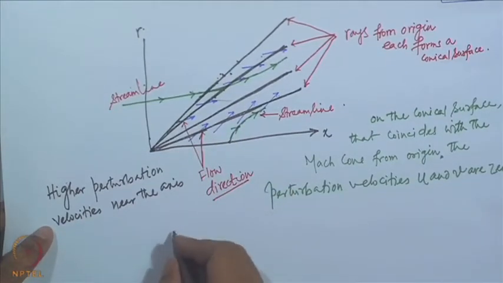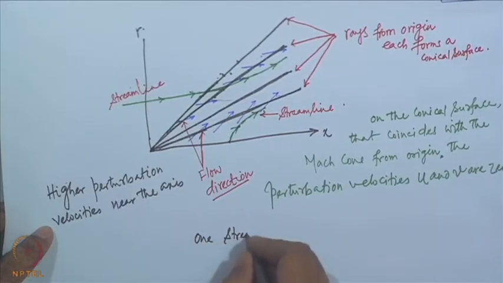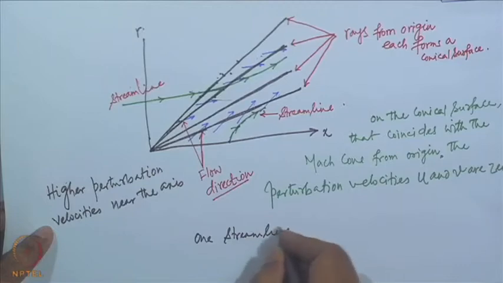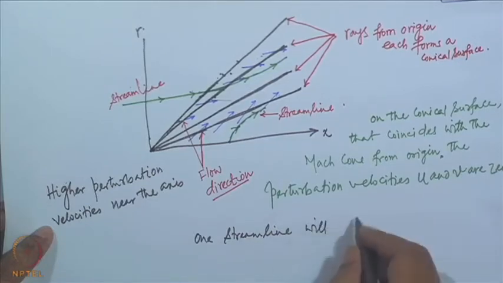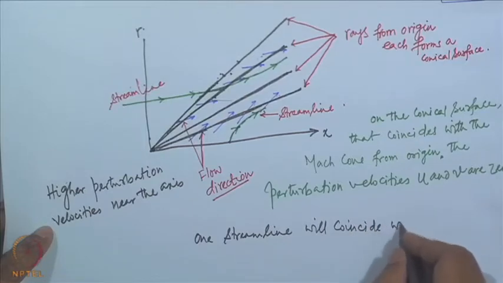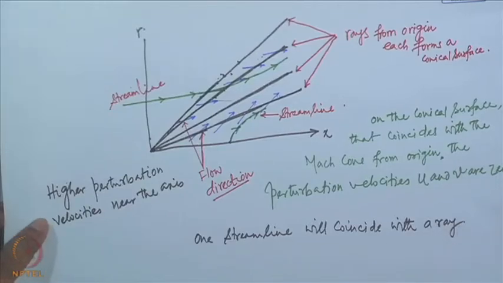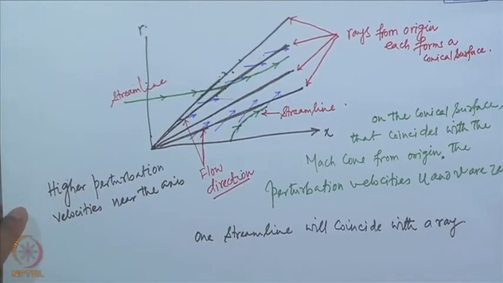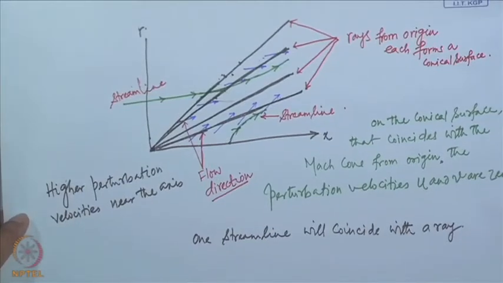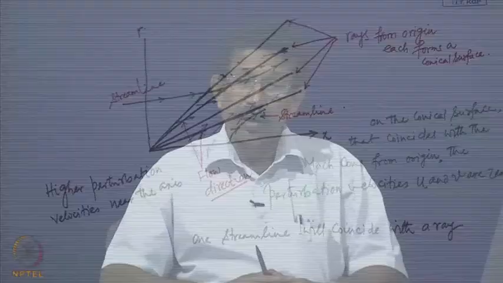So, one streamline will coincide with a ray, or for the complete axisymmetric picture, a stream surface will coincide with one conical surface.